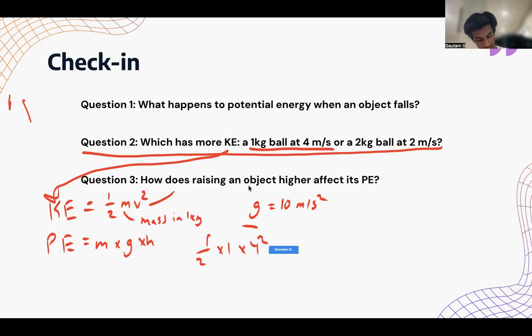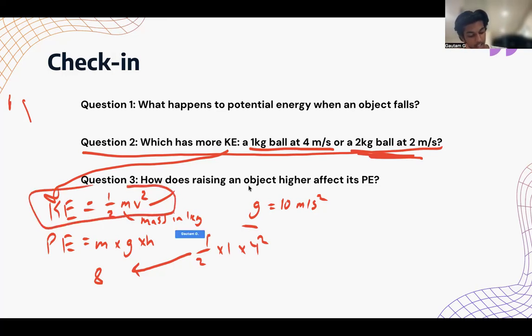So you have 8 as your answer. And then this one, 2 kilograms at 2 meters per second: 1/2 times 2 times 4, which is 4. So clearly a 1 kilogram ball at 4 meters per second has more kinetic energy.